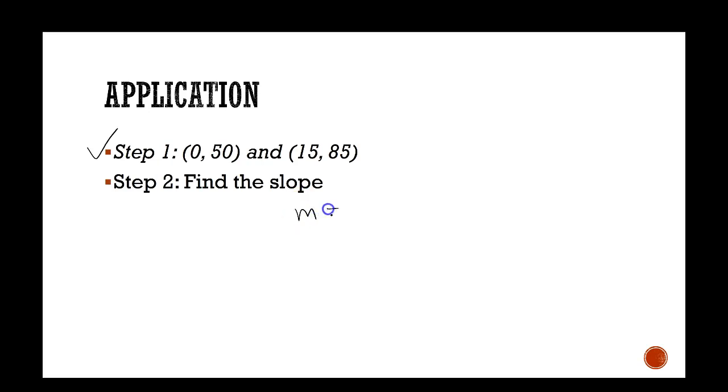So m equals 50 minus 85 over 0 minus 15. 50 minus 85 gives you negative 35, and that's over negative 15.